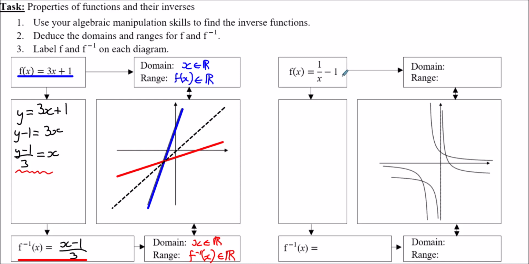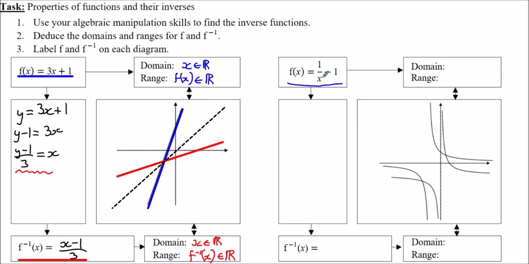The second bit, this is a reciprocal one now. So f of x equals 1 over x minus 1. And so this one here, again, I'm going to label in blue. By inspection of this function, what it's not allowed to be is what I'd consider the easiest process to find the domain. What value of x is not allowed here?